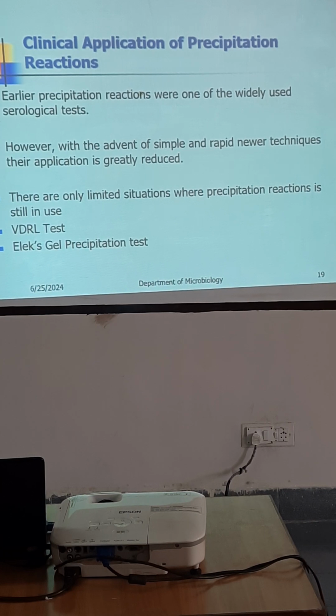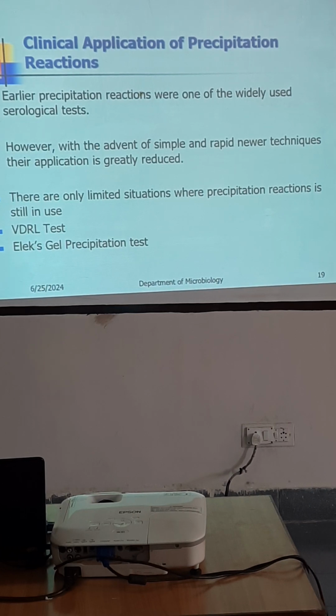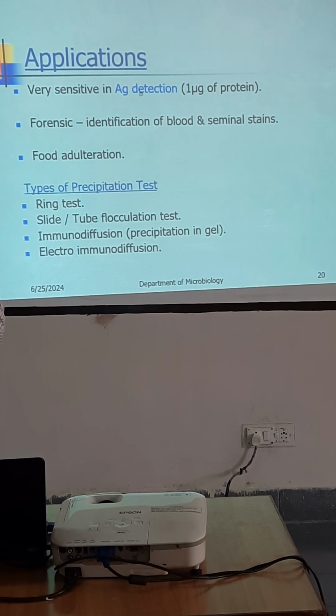Of the many previously used, only a few remain, including the VDRL test and the Kahn precipitation test. However, these are also done for certain research purposes.